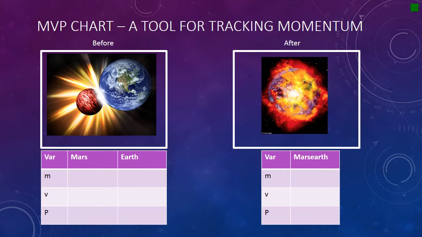And there are some rules to this. Our first rule is that our mass is going to be conserved, so Mars plus Earth is going to equal Mars-Earth. And our momentums are also going to be conserved, so the total momentum for this side, P total, is going to be equal to our total momentum over here.